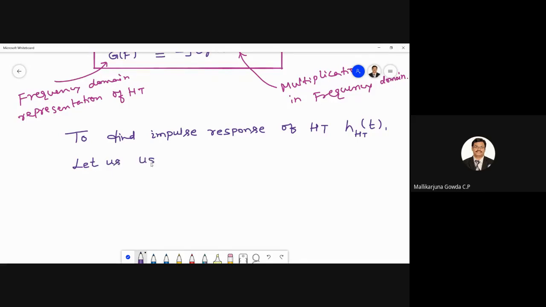So we all know if x of t is a signal, its Fourier transform will be X of f.